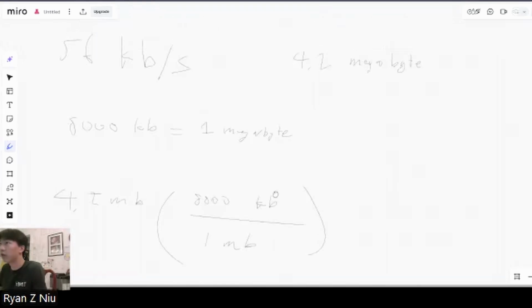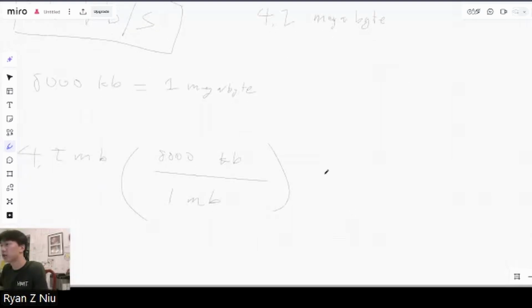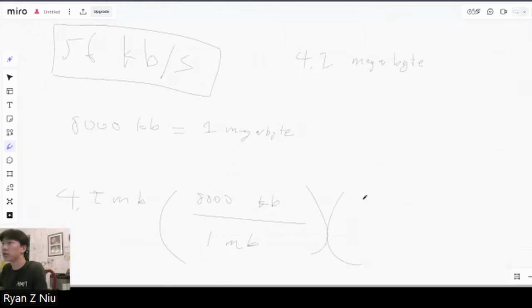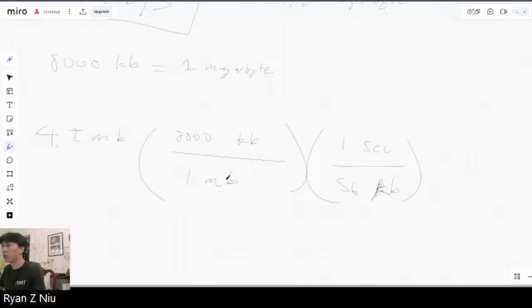And we convert it to kilobits because here we have this other conversion factor, kilobits per second. So now what we can do is we can say, hey, for every 1 second, we have 56 kilobits, right?